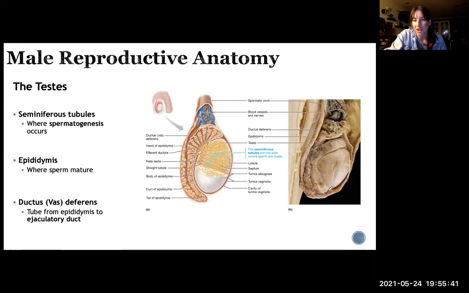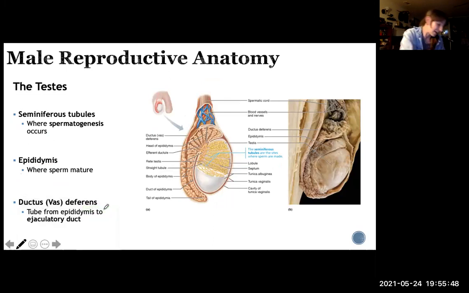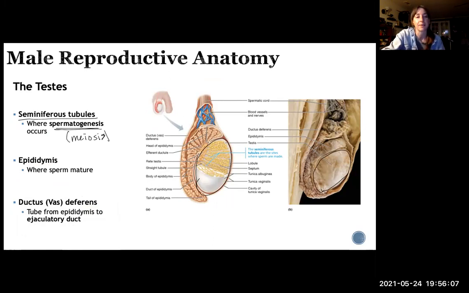Another close-up and then a cadaver testis, if you don't mind. So one more time, the testis, where spermatogenesis happens. So basically where you're going from stem cells to sperm. It's meiosis if we want to really oversimplify it.